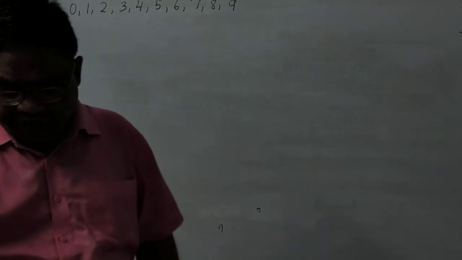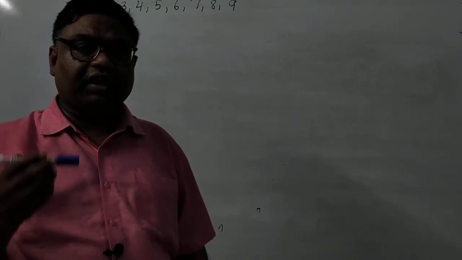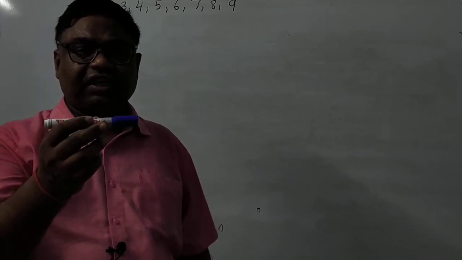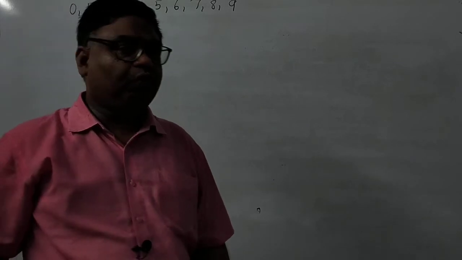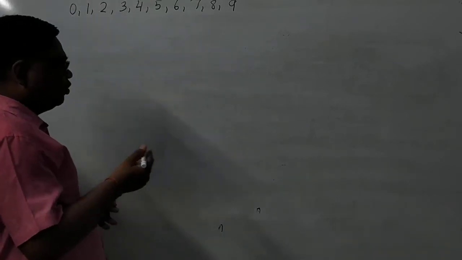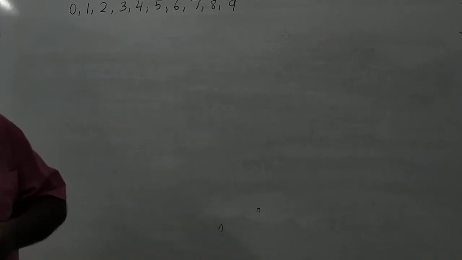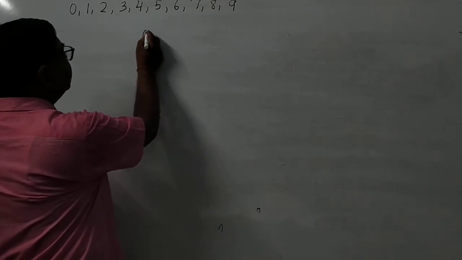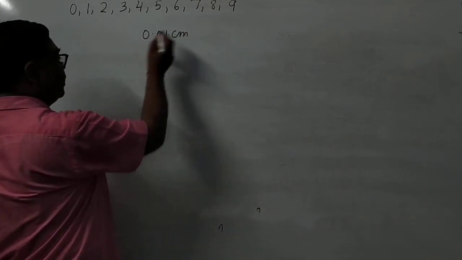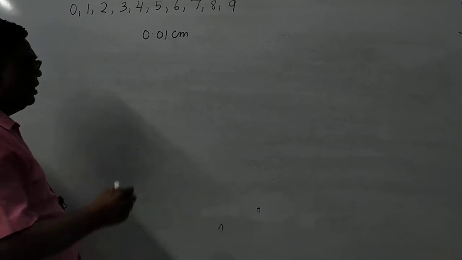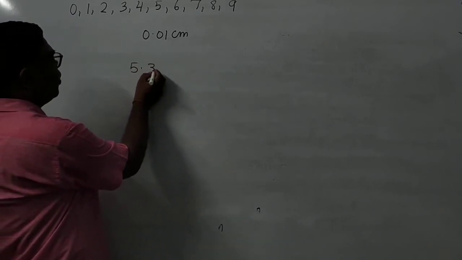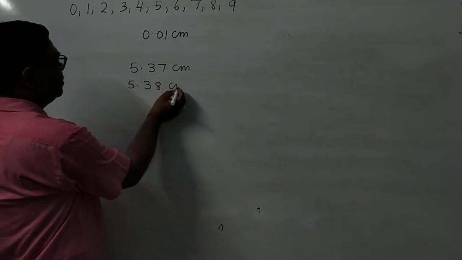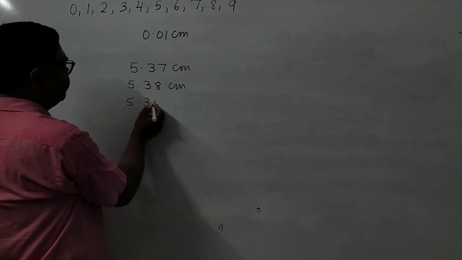Now see here, for example, when you use vernier calipers to measure the length of a cylinder or its diameter, you find values like this. As we know, the least count of the vernier calipers we use in the laboratory is 0.01 centimeter. Is it clear? So when we measure the length, it comes out like this: 5.37 centimeter, 5.38 centimeter, 5.35 centimeter.